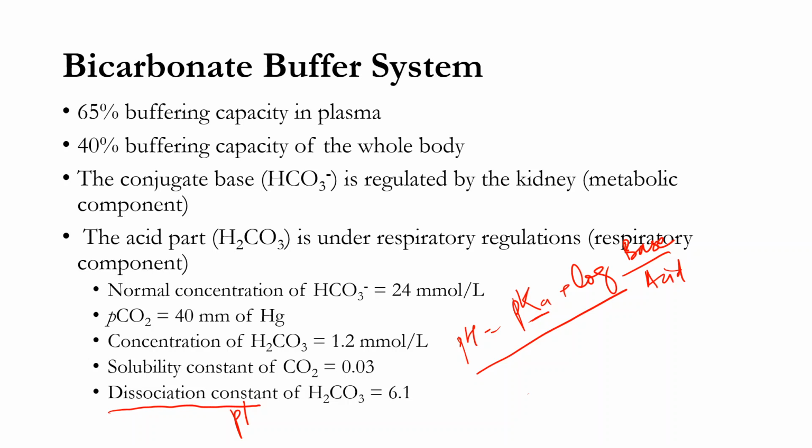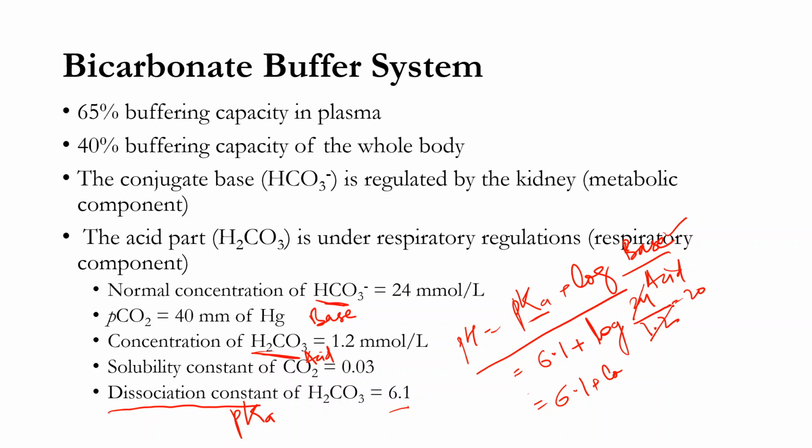This is the pKa, and that is 6.1. So we just put it here, 6.1. Now log the concentration of the base, and this is the base. The concentration of base is 24 millimoles divided by the concentration of acid, this is an acid. Now the concentration of acid is 1.2. So we just make this log 20.